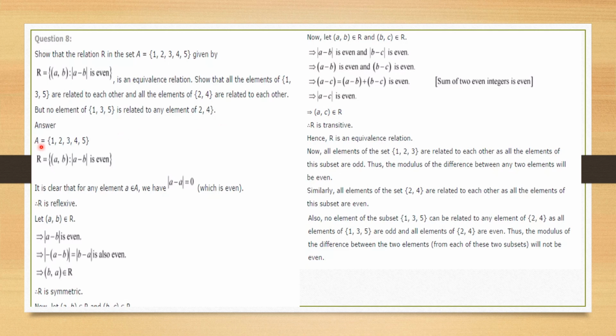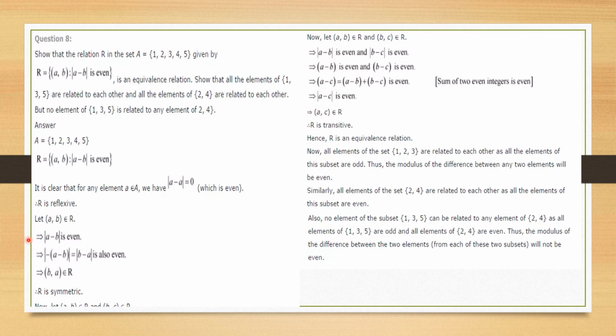So here your set is {1, 2, 3, 4, 5} and the relation is |a minus b| is even. Let us check the reflexive nature. From here it is clear that a minus a is 0 which is even. So it is reflexive. For symmetric nature, let (a, b) belong to R, that means |a minus b| is even. Can I take the negative sign common?